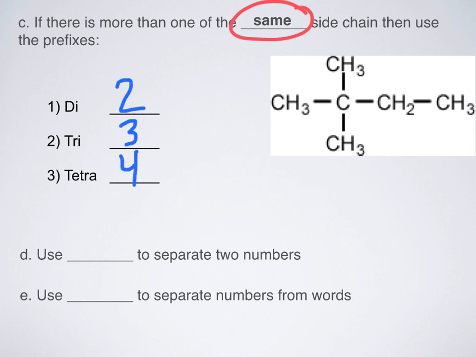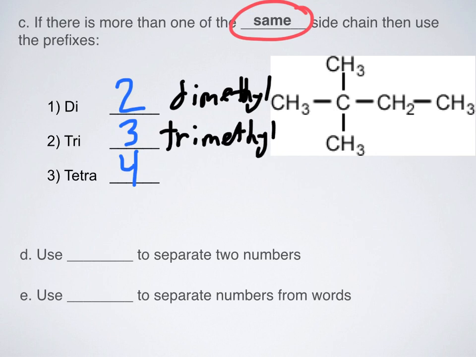So for example, okay, now you can write this down too. Like instead, if you have 2 methyl groups, that would be dimethyl. Okay? If you have 3 methyl groups, that would be trimethyl. If you have 4 methyl groups, that would be tetramethyl. Okay? The whole point is if you have a long chain of something, you might have multiple things.